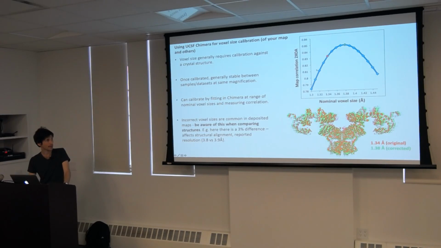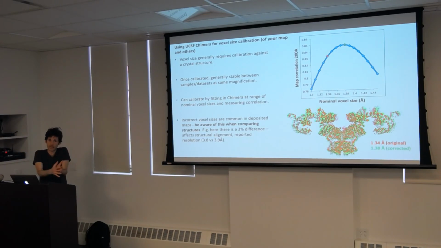If you plot those correlation coefficients, you typically get a really nice curve with a very distinct optimum at the correct voxel size. And I would highly recommend doing that, at least the first time that you're collecting on that microscope at that mag, because it can really make a difference, both to resolution estimates and, particularly, to comparisons.